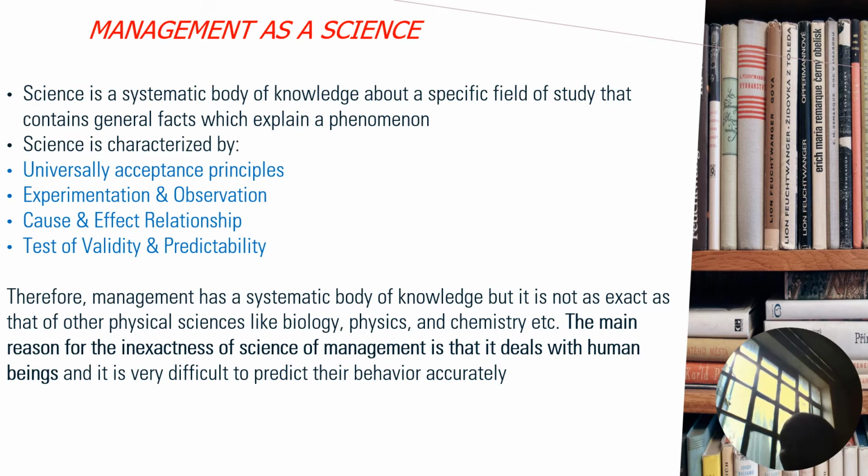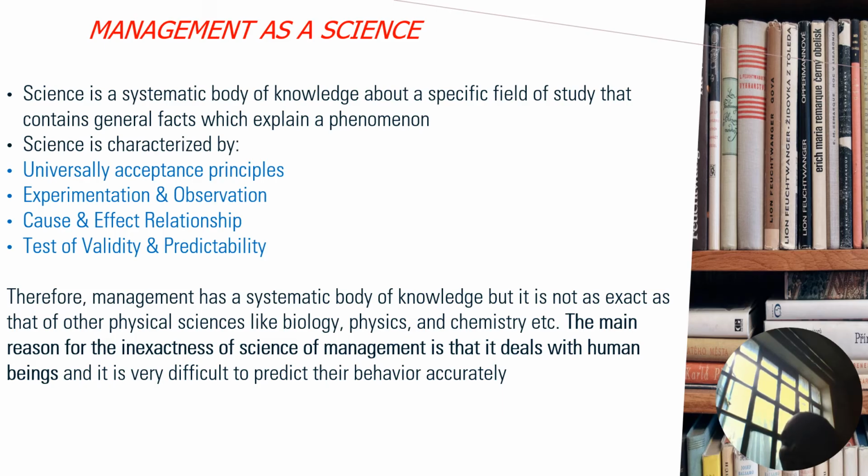Science is a systematic body of knowledge pertaining to a specific field of study that contains general facts which explain a phenomenon. We can say that it establishes a cause and effect relationship between two or more variables and underlines the principle governing their relationships.